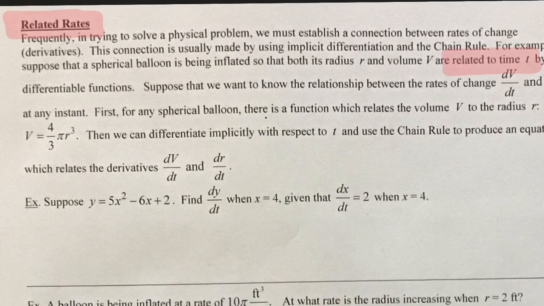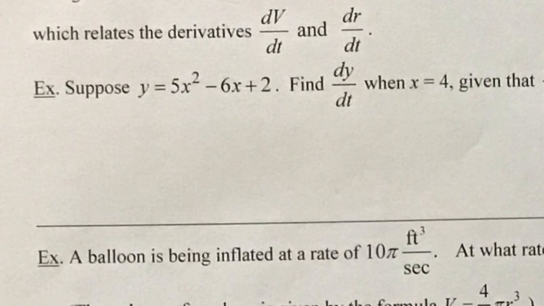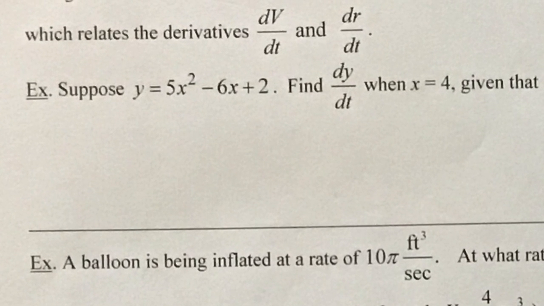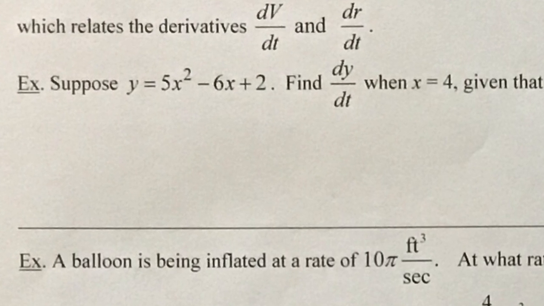So that's what this entire thing says here, but we're going to go with: suppose y is equal to this nice quadratic equation. It says find dy dt, the derivative of y, the rate of change of y with respect to time. In all related rates, they're all changing with respect to time.